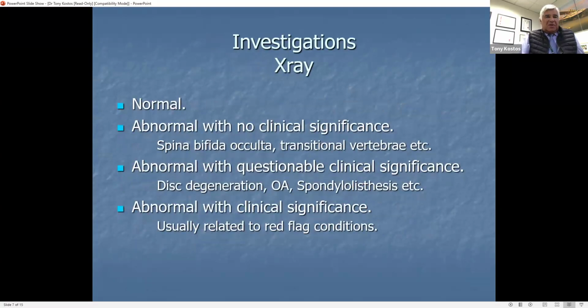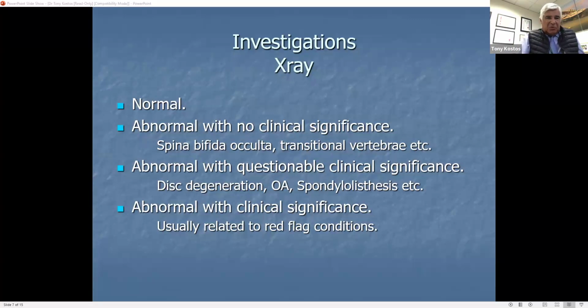So let's go on to the investigation. In the old days, X-ray used to be the only thing available. We've obviously got a variety of scans now. There's actually no indication to have an X-ray unless you're concerned about a red flag condition, because we can see abnormalities with no clinical significance, such as a spina bifida occulta, which is a congenital abnormality, or a transitional vertebra with a spinous process attached to the iliac crest.